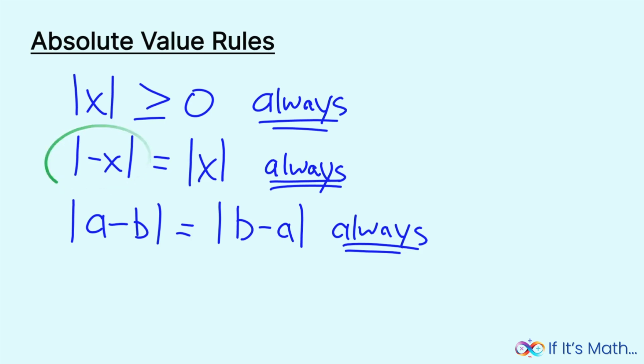The absolute value of -x will always be the absolute value of x. And when you take the absolute value of the difference of two numbers, it doesn't matter what order you've taken that difference. The absolute value of a minus b will always be equal to the absolute value of b minus a.